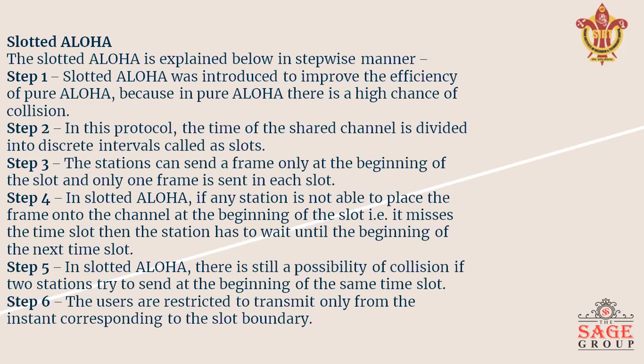That means if a particular station has nothing to send, at that time it has to wait for some time. And after that time period, the next station sends the data to the particular destination. Now, in step 5, in slotted Aloha, there is still a possibility of collision if two stations try to send at the beginning of the same time slot.